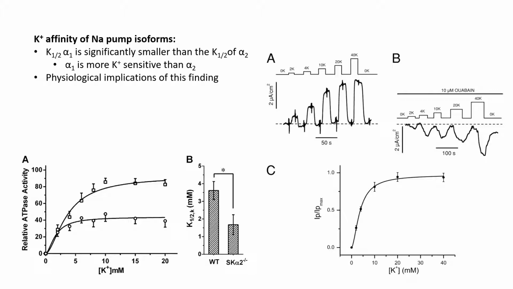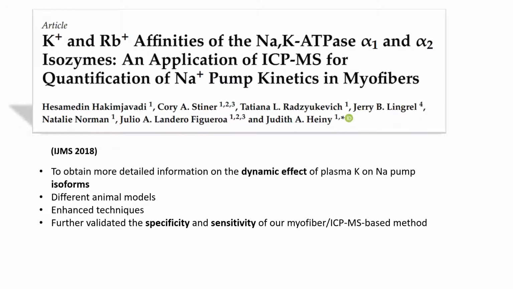I will discuss the physiological implication of this finding later in this presentation. In another related study that we published in 2018, we aimed to obtain more detailed information on the dynamic effect of plasma potassium on sodium pump isoforms.